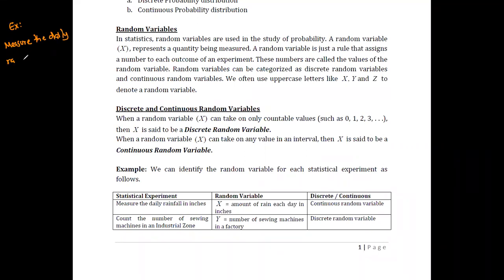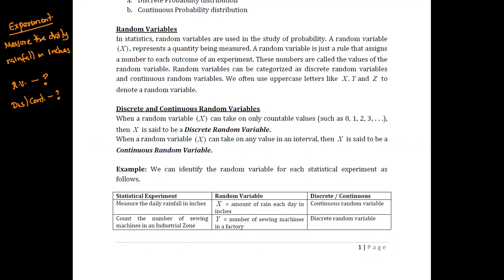After this experiment, what we need to do is identify what the random variable associated with this experiment is, and what its category is, whether it is discrete or continuous. We need to identify the random variable and then the type of the random variable. We'll see how we can do it.